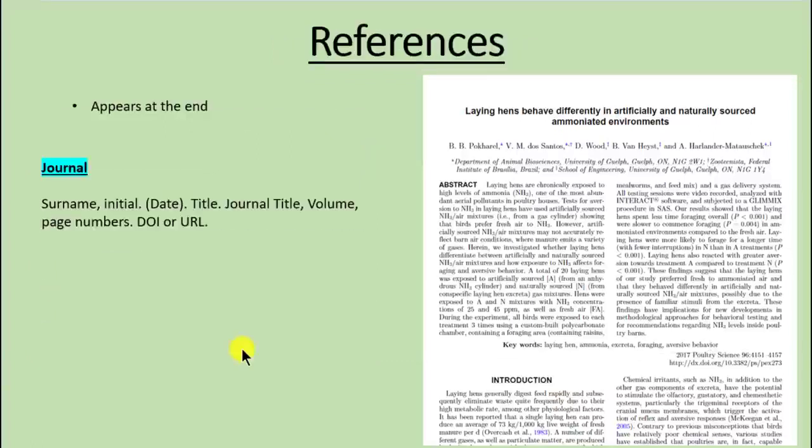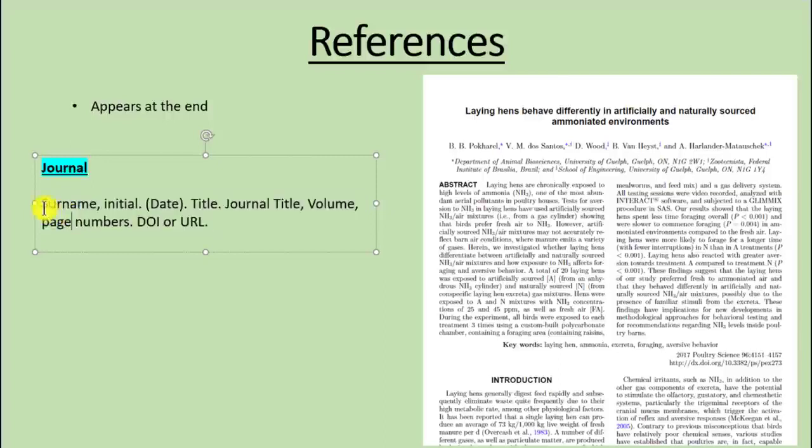Now let's go to references. So in APA style, while you are referencing a journal, so this is a journal paper, then you should reference something like this. And I already mentioned that references are always going to appear at the end. And to reference a journal, you should follow this pattern.